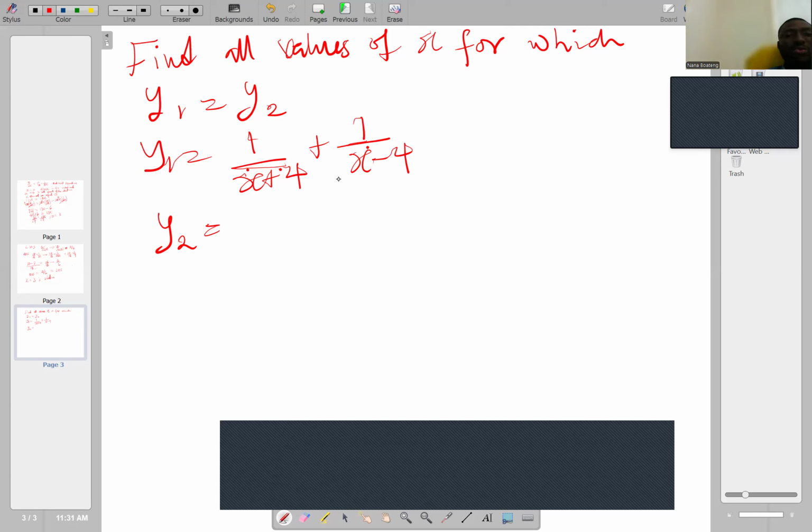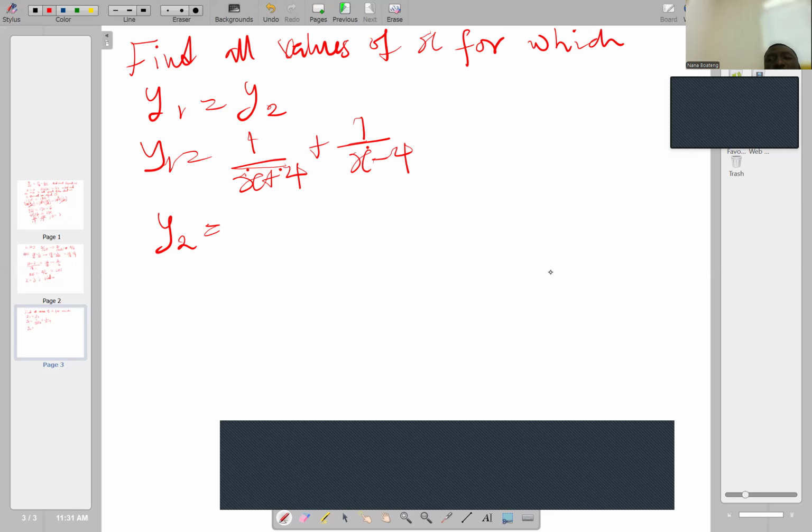So the first thing is we set y1 equal to y2, and that would be 1 divided by x plus 4 plus 1 divided by x minus 4 is equal to 22 divided by x squared minus 16.